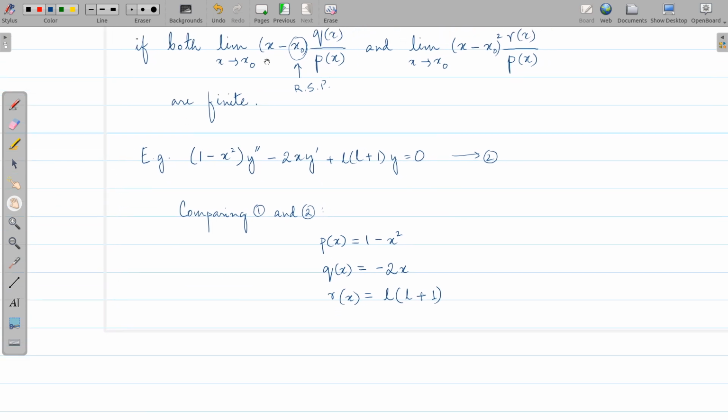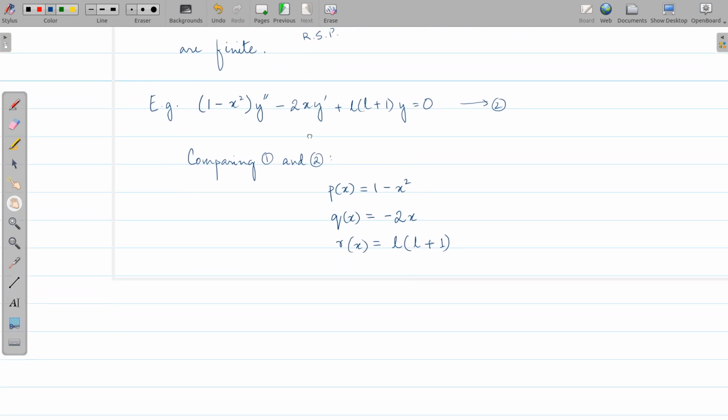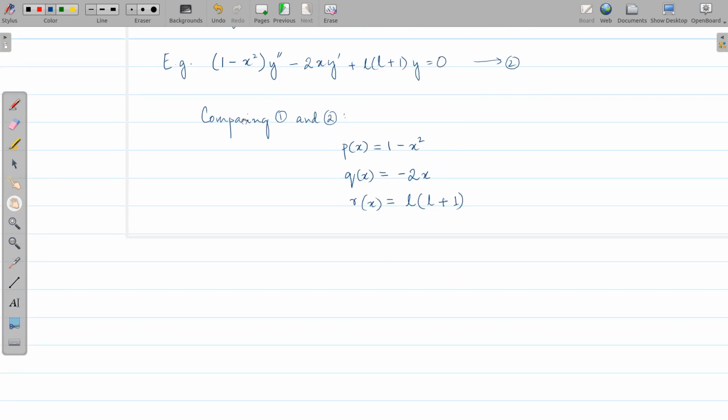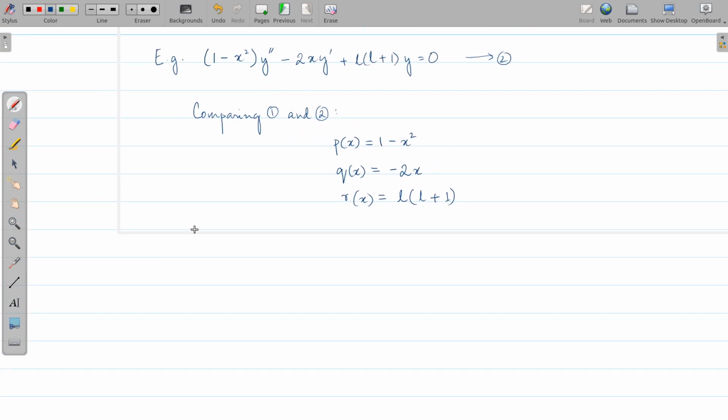Now what we need to do is evaluate these limits. So let's take the limits. First limit is q by p into x minus x naught. So let us say x naught equals plus 1. Okay, when x naught is equal to plus 1, let's try this out. Let me just take the ratio also.